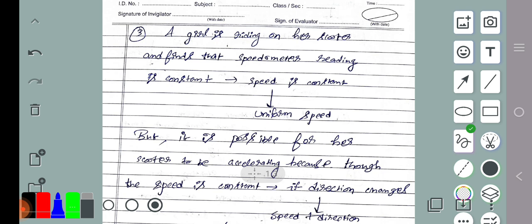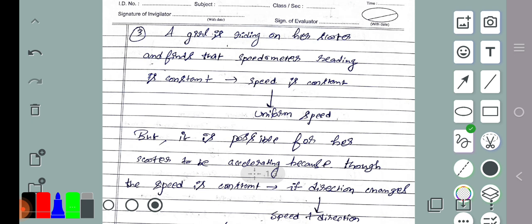At the moment when she is checking the speedometer, she is measuring the speed at that time, not the speed of the total journey.